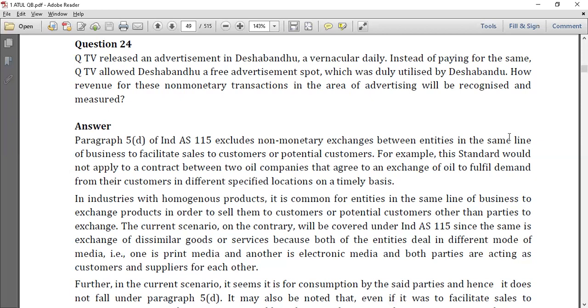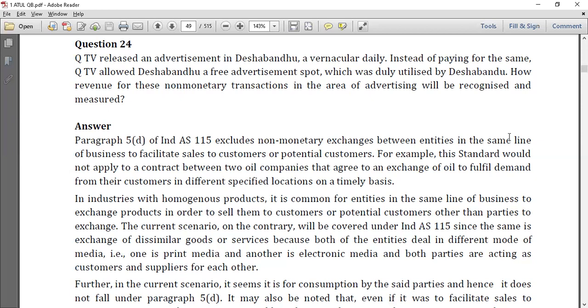Now, Ind AS 115, revenue from contracts with customers, excludes non-monetary exchanges, but only when they are between entities in the same line of business to facilitate sales to customers or potential customers.